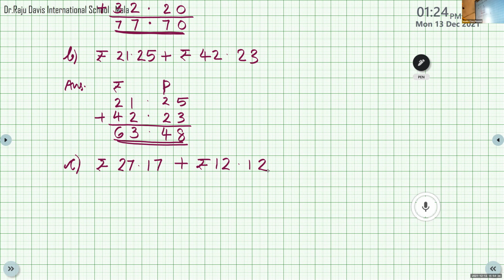Then 12 rupees, 12 paise. Both are 12. Rupees and paisa are the same number, 12 itself. Now you please add.